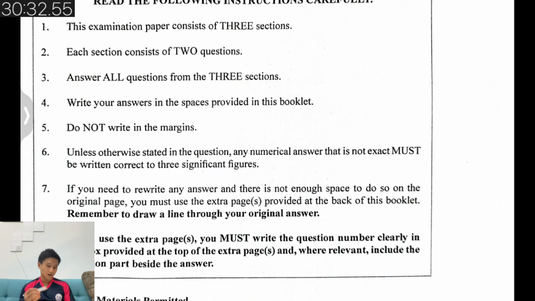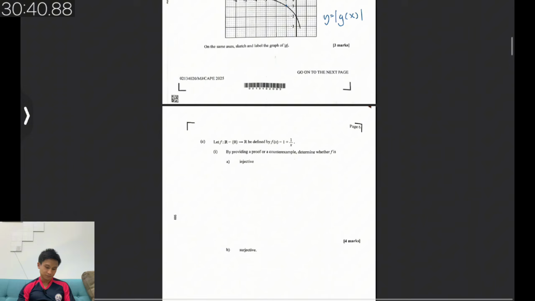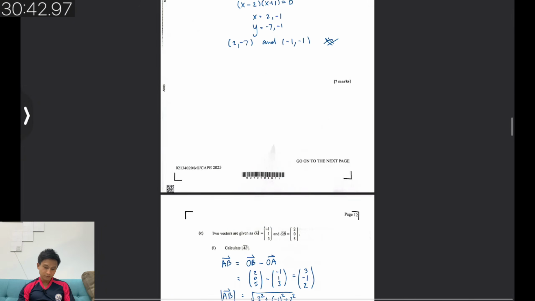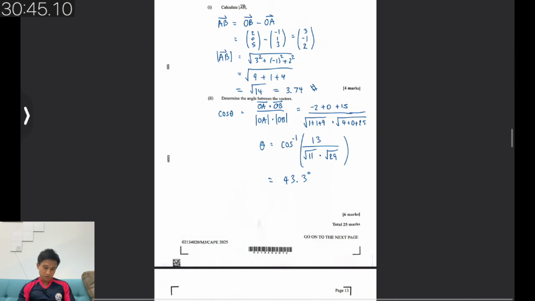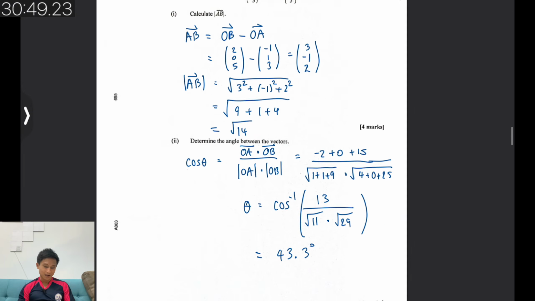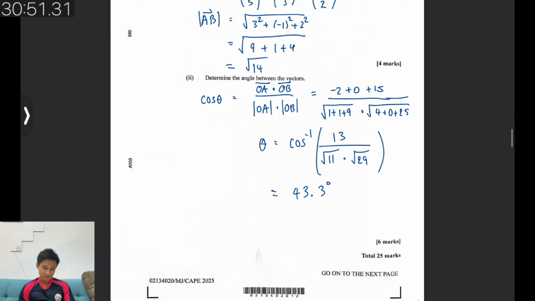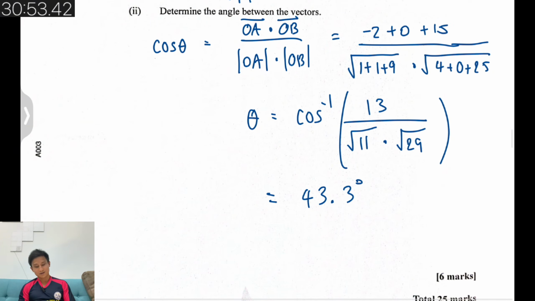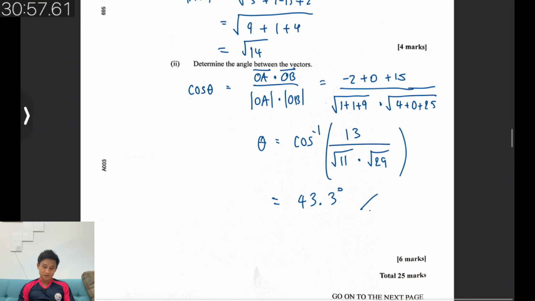Oh, so we got it exact just now for that root 14. Okay, that's fine. We're okay. So for this one, I'm going to give root 14 because it is exact. But this one is not quite exact, so I'm going to give it as 43.3 degrees.